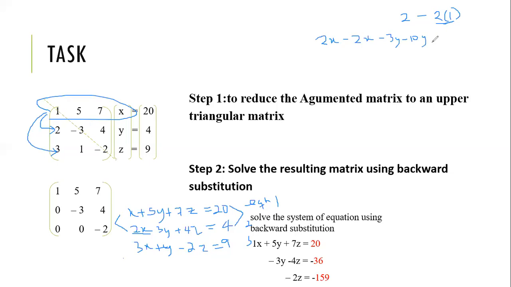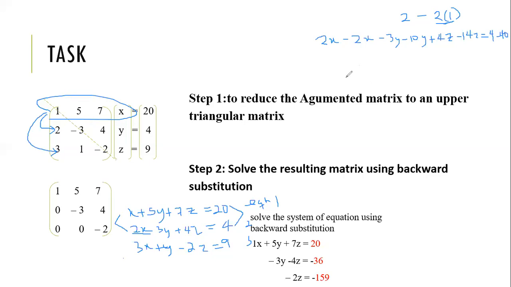Then plus 4z minus 14z, equals 4 minus 40. This is how we would have solved it.